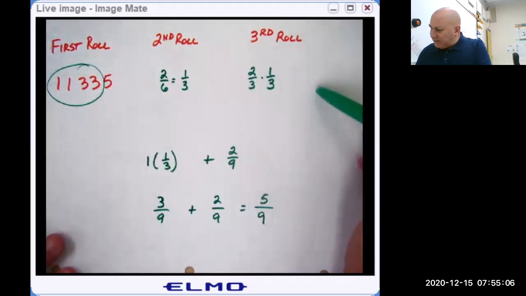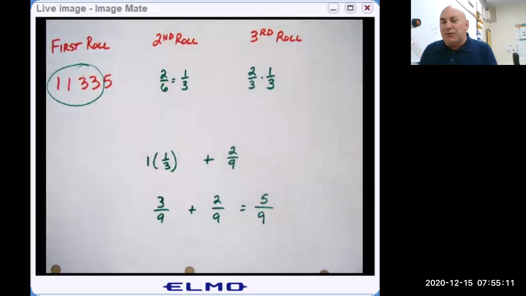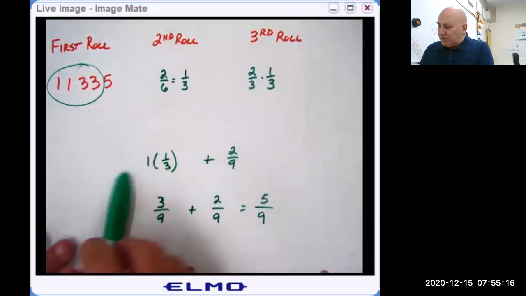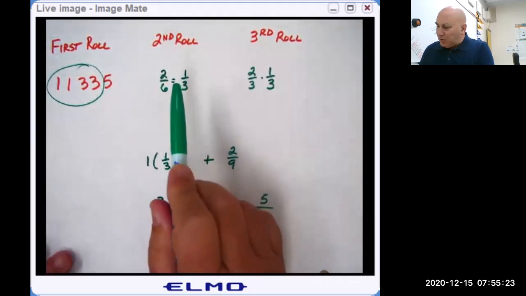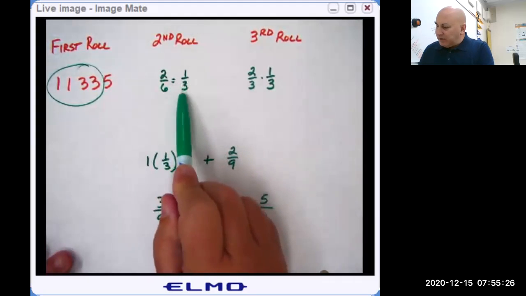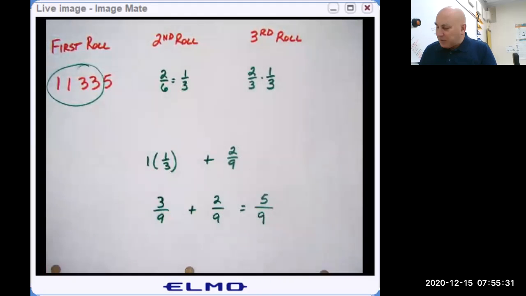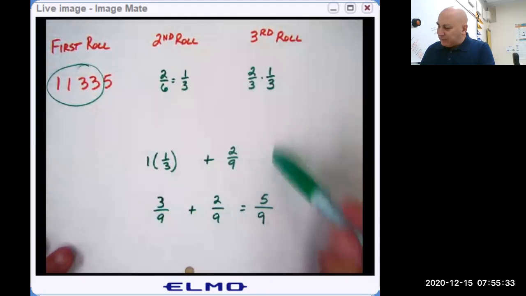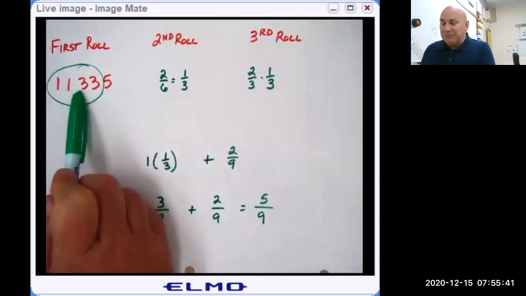That'd be a 4/9 chance of getting out here times 1/3. It just keeps going on and on. If you think about it, it would be an infinite geometric sum with an R value of 2/3, and that is going to add up to 1. But we have to stop after the 3rd roll, so there's only a 5/9 chance of getting a full house. Well, only, it's pretty good.